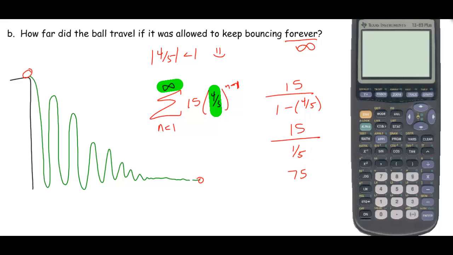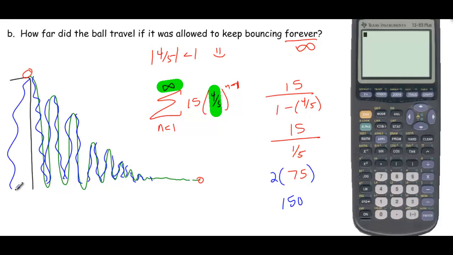But remember, that isn't how far. All that 75 did was count each of these values once. I would keep doing all these bounces just once, but I know the ball went up and down, so I'm going to double it, which gives me 150. But if I double each of these by doing the other side, there's a problem. I doubled my original, but I don't want my original doubled, so I'm going to subtract my original height, and this problem happened to be 15.